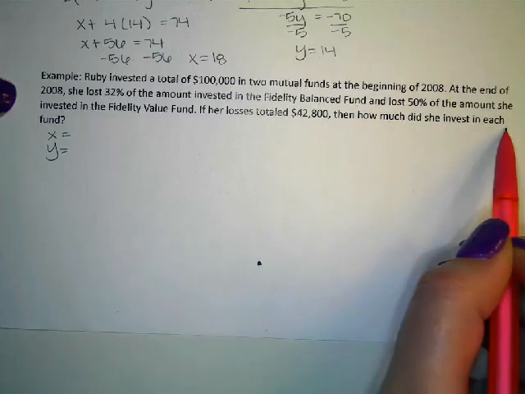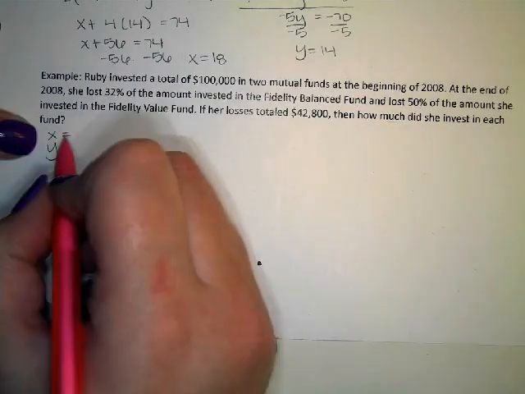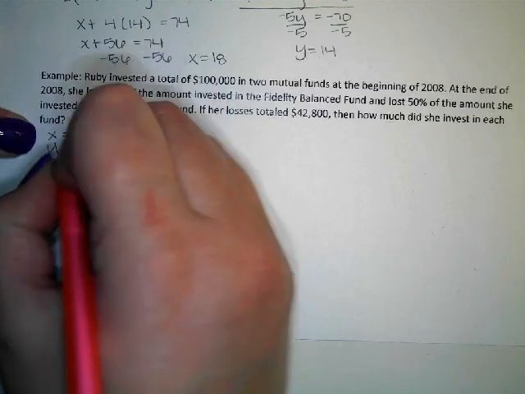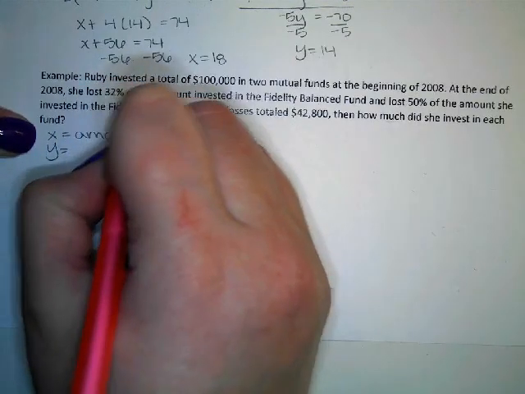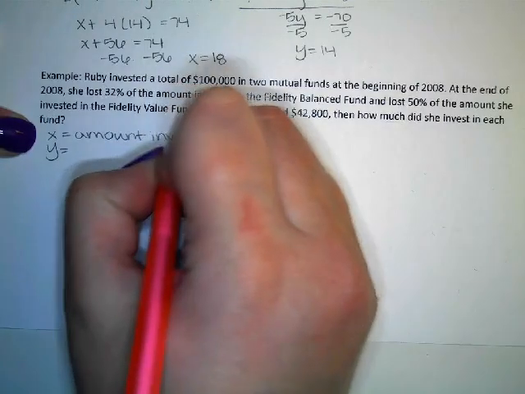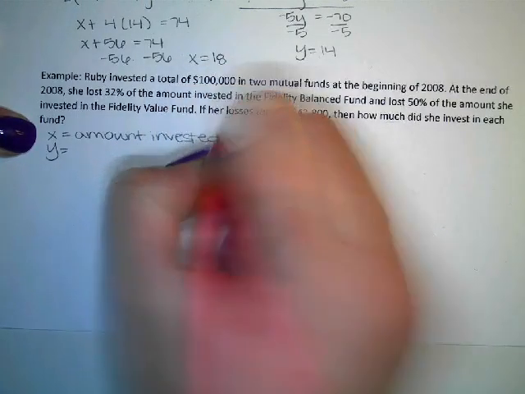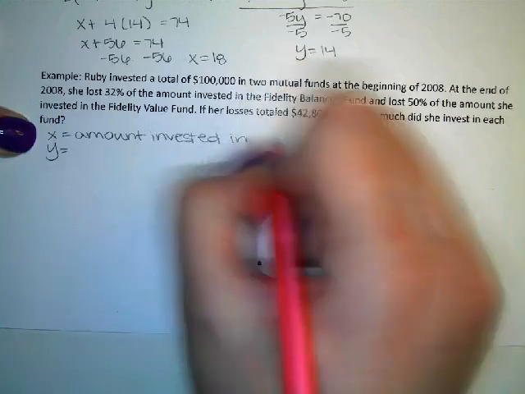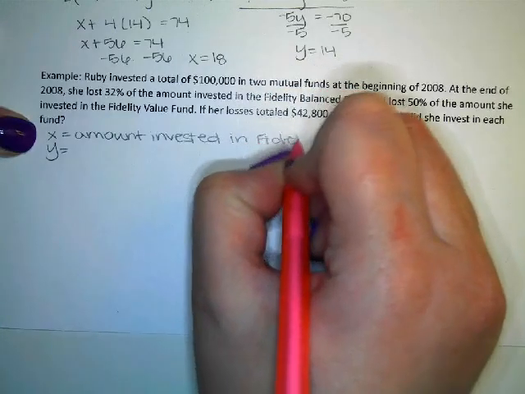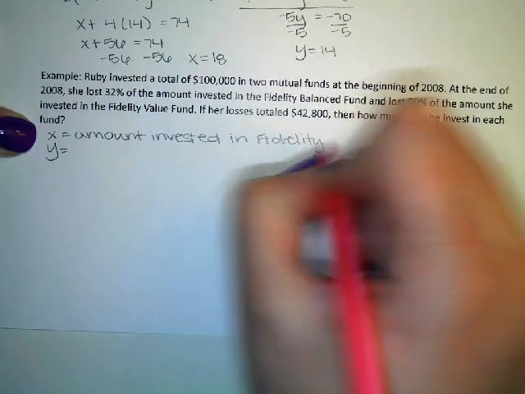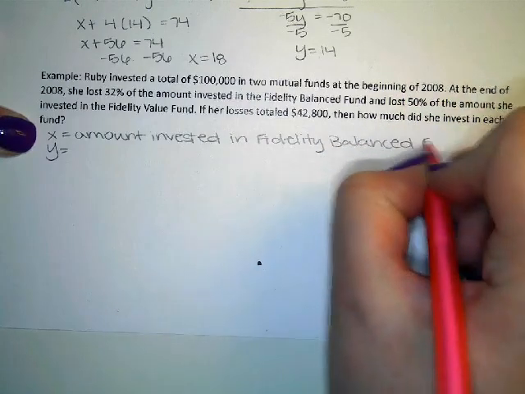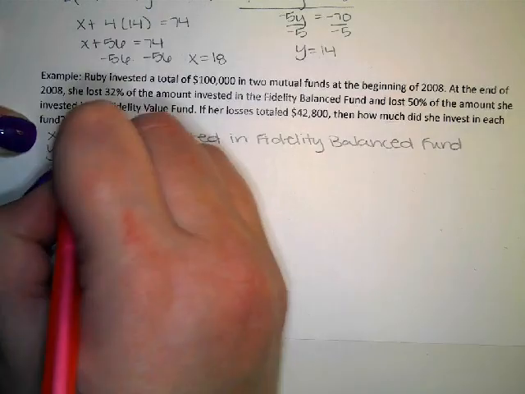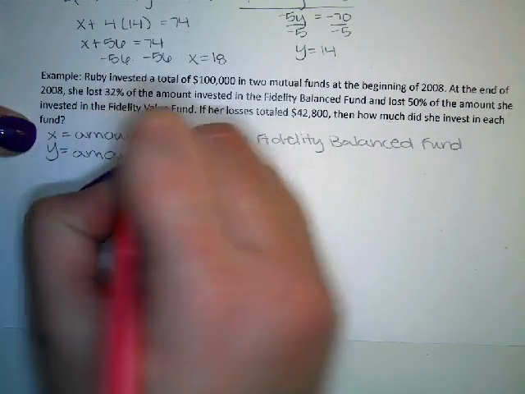I'm going to try to write this as the amount invested in the first one, in Fidelity Balanced Fund. And then amount invested in Fidelity Value Fund.